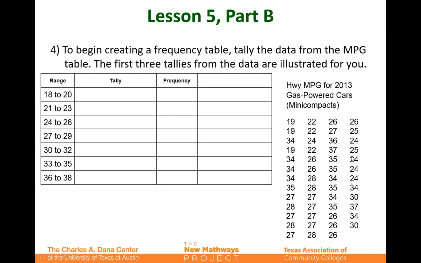We're going to make a frequency table. To make a frequency table, the first thing you do is you take the range of data, which in this particular table, they've started at 18 and the highest at 38. And you divide that data into groups. Those groups are called bins.